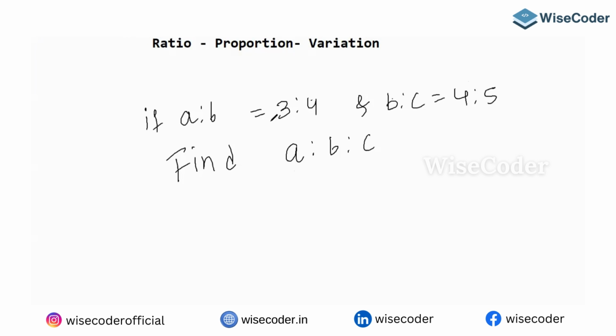A is to B is 3 is to 4, B is to C is 4 is to 5. So you can write it as 3 is to 4 is to 5.